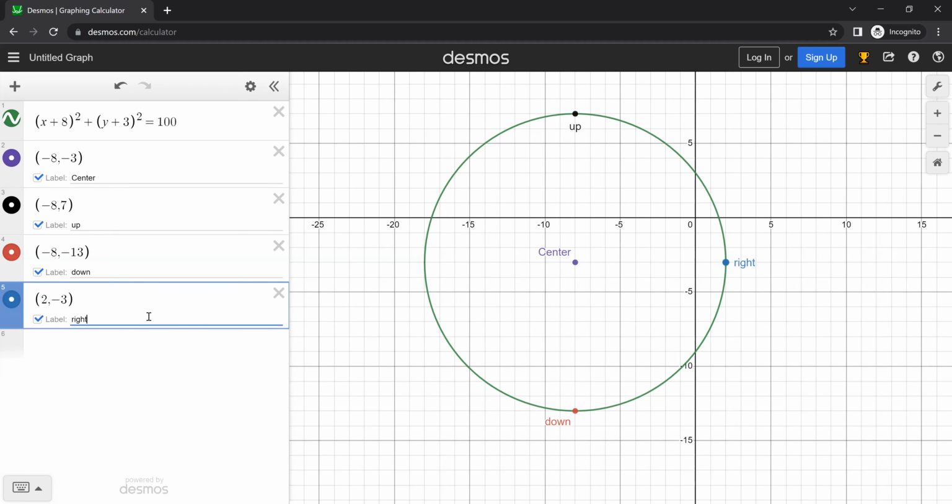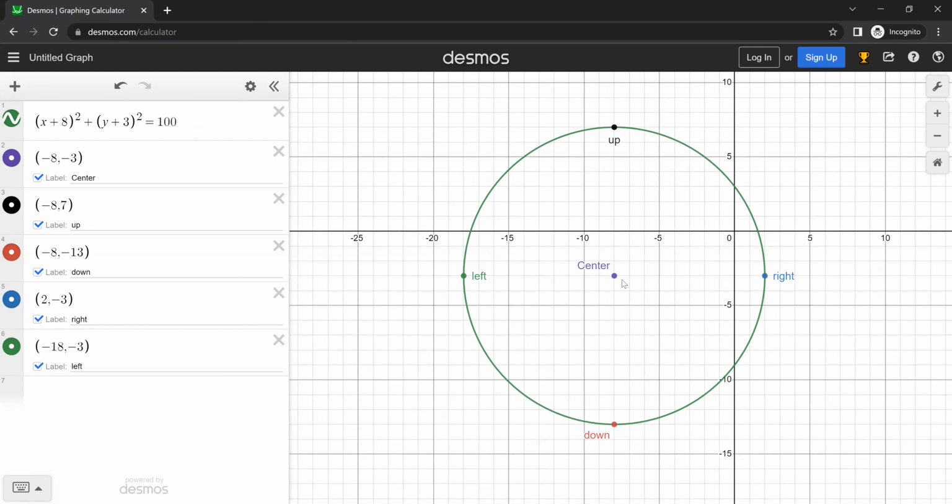We can also go left of center. And that point right there is left. So no matter the circle, whenever you get the center, you can always go up, down, left, and right.